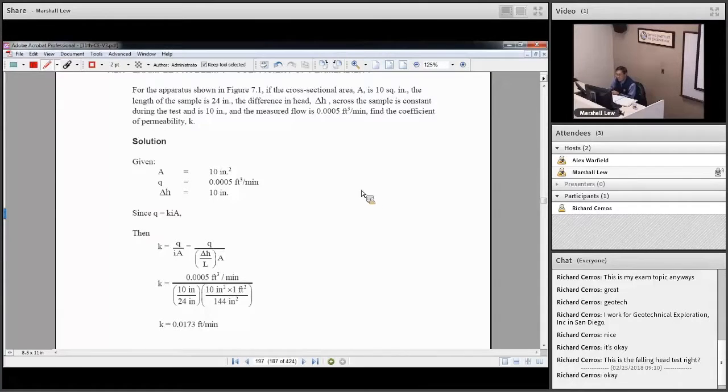Now, this chart is not very clear, so I'll try to remember what the numbers are. This is 10 to the minus 1, minus 2, minus 3, minus 4, minus 5, that's 10 to the minus 6, that's 10 to the minus 8.